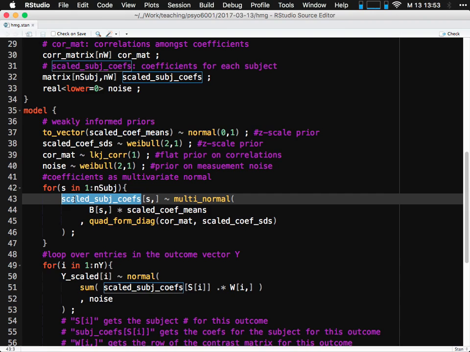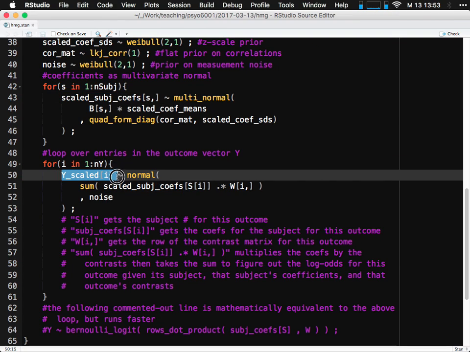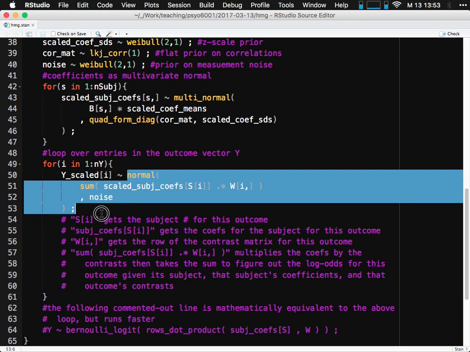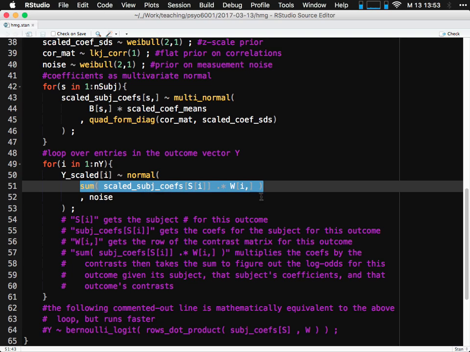So having gotten out for each subject, given what group they're in, the within subjects coefficients that correspond to that subject, you can then loop over the observations and say for each observation, we're expressing a model where the observations have a normal distribution with some amount of noise, notably the same amount of noise no matter who you are and no matter what group you are, with a mean centered on, well, this little bit figures out, given the current subject, that's subject I, and the current contrasts for that row, so for that observation, what within subject conditions does that correspond to?